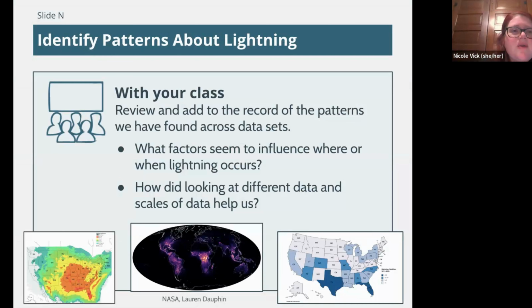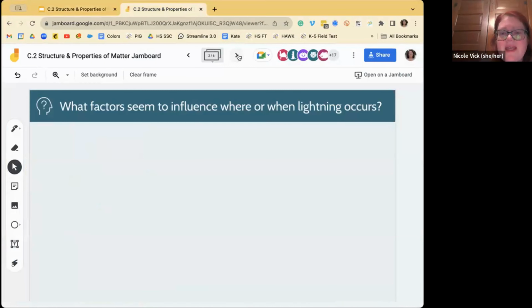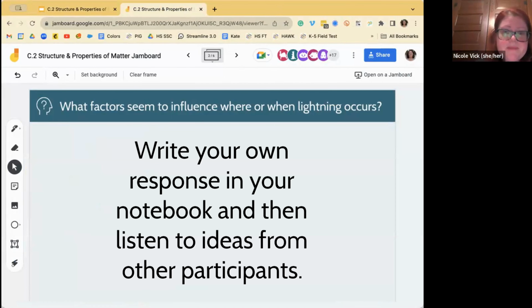So if you want to go to, I think it's our second frame on the Jamboard. I can never remember, it's called a frame. What are some things that seem to influence where or when lightning occurs from some of our ideas that we've put out there?